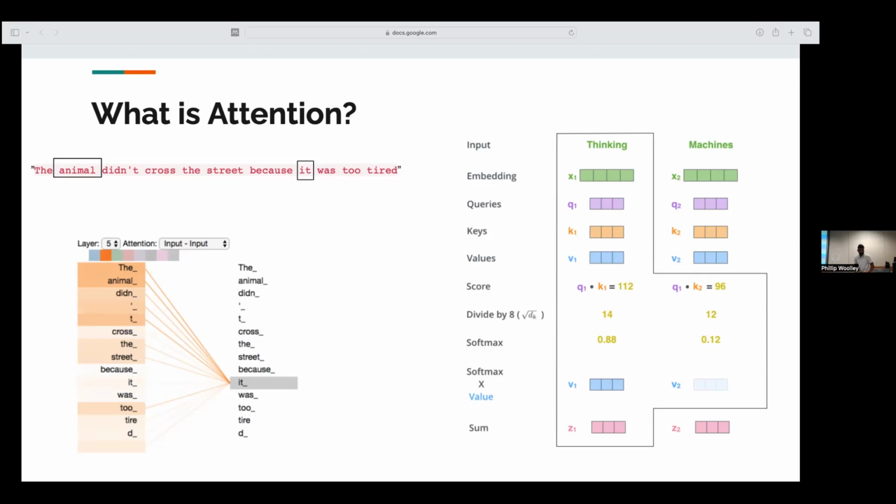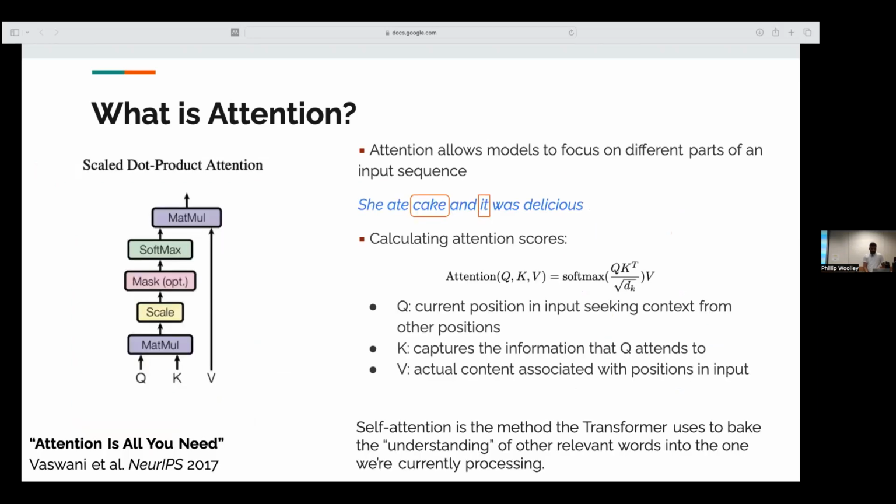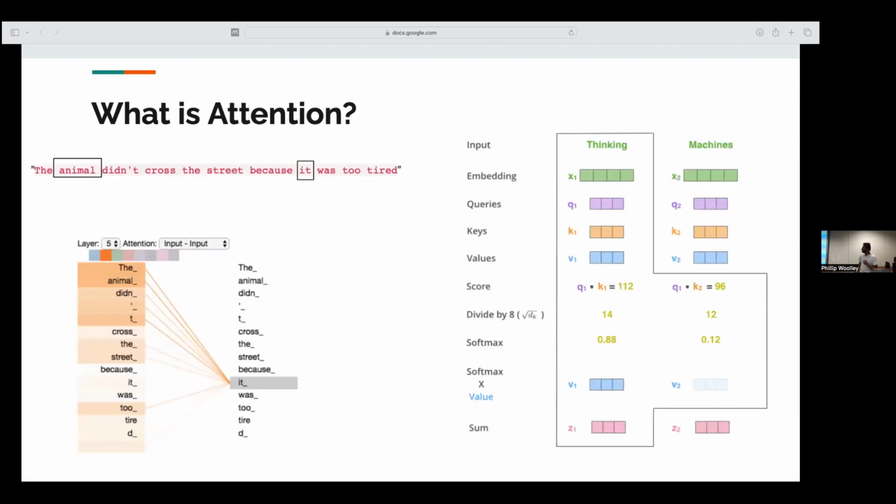So till now, we have this value, right? But we need to do one more dot product with the value v. When you do that, you will have v1 and v2 as output.